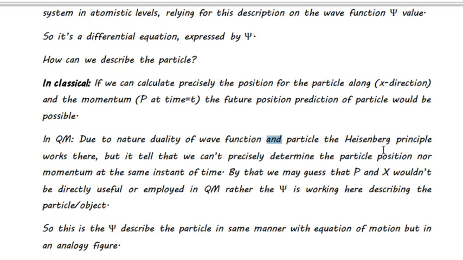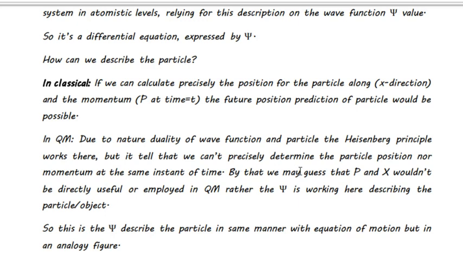So the Heisenberg principle describes the probability of finding the particle or atom, its momentum and its position at some specific instant of time. But it tells us that we cannot precisely determine that particle's position nor the momentum at the same instant of time.